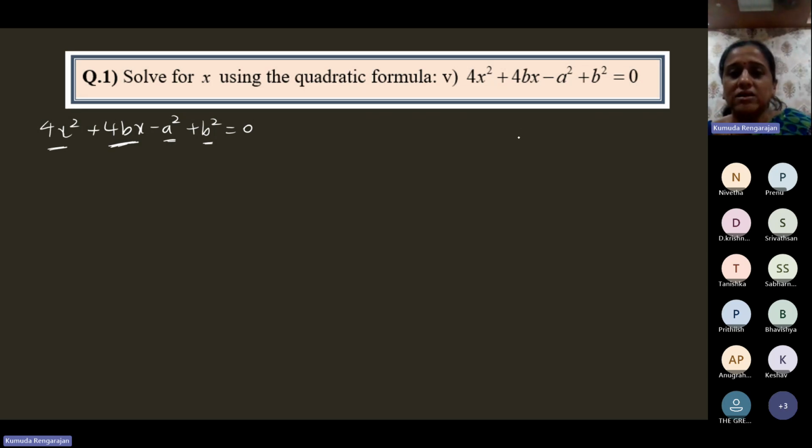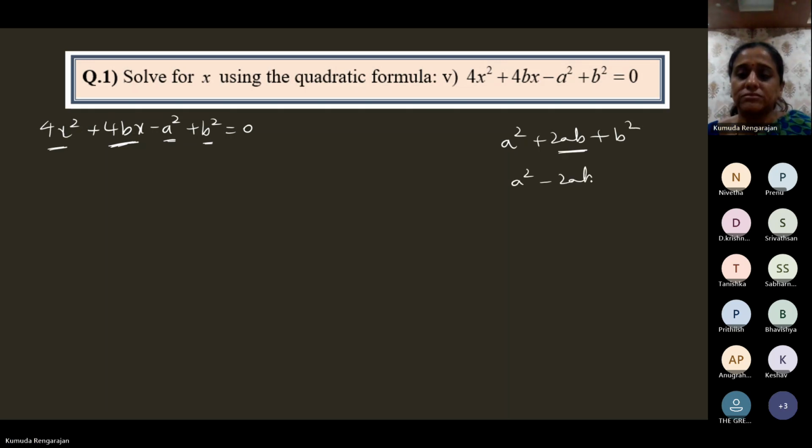Middle term is like in the expression a squared plus 2ab plus b squared. This 2ab is the middle term. Here also, plus 2ab and minus 2ab are the middle terms. So we'll consider this plus 4bx as the middle term. Now the middle term has the letters b and x.